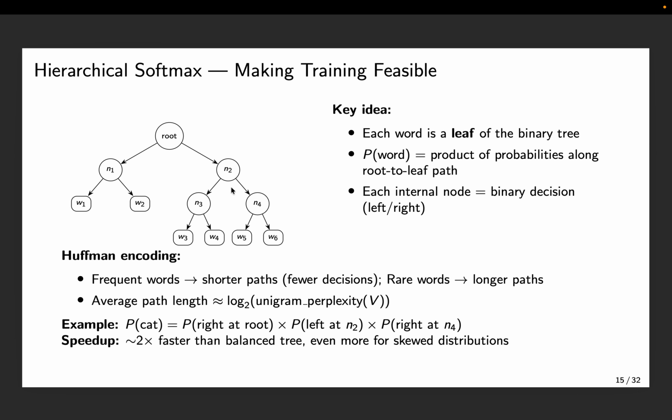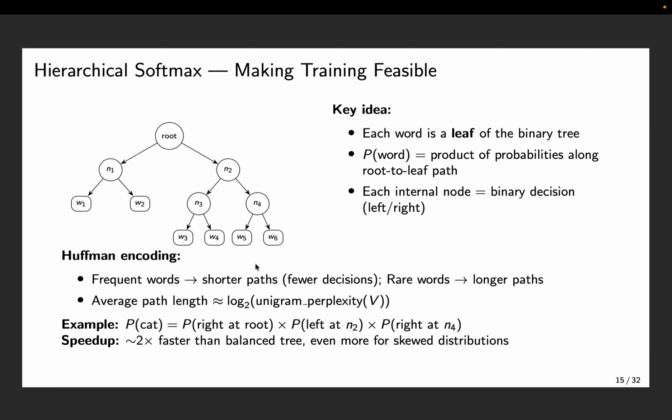At each internal node, you make a binary decision: go left or go right. The probability of a word is the product of probabilities along its path. So if the path to cat goes from root right, left, right, then the probability of cat is equal to the probability of right at root, times the probability of left at node 2, times the probability of right at node 5.